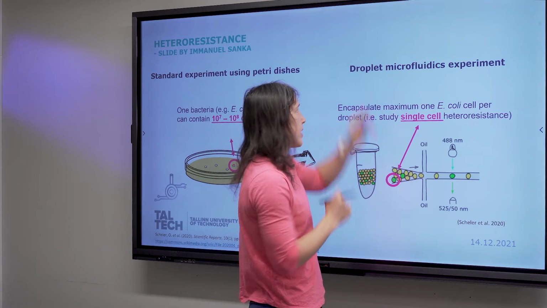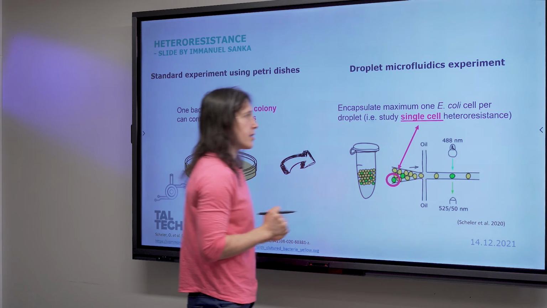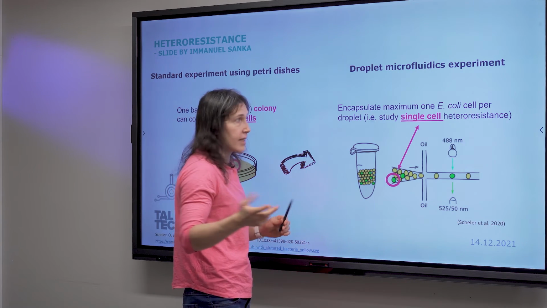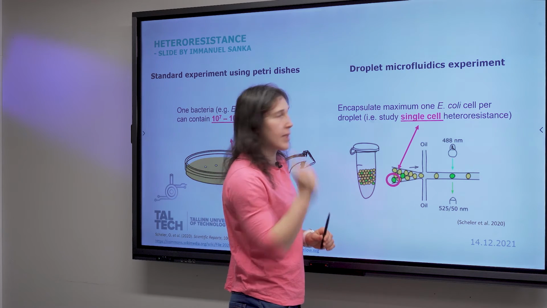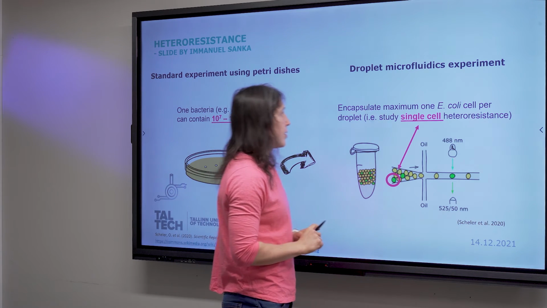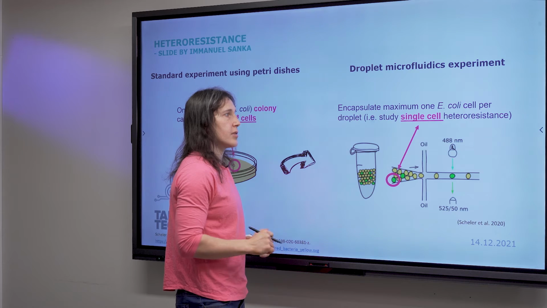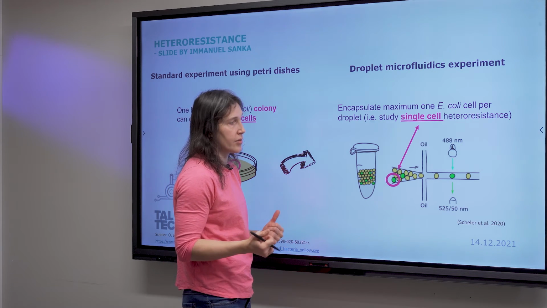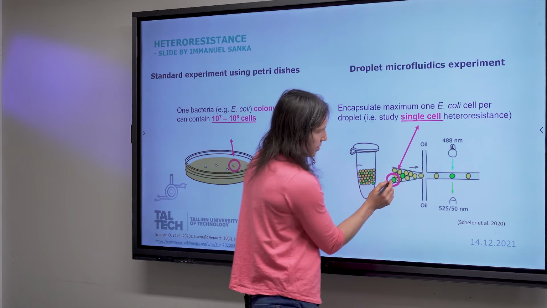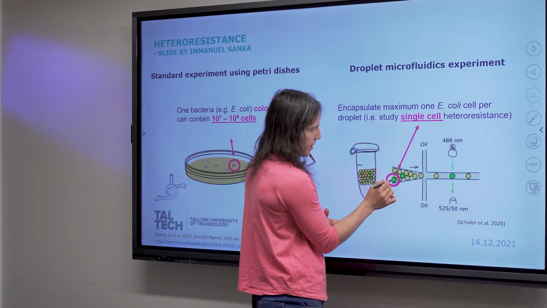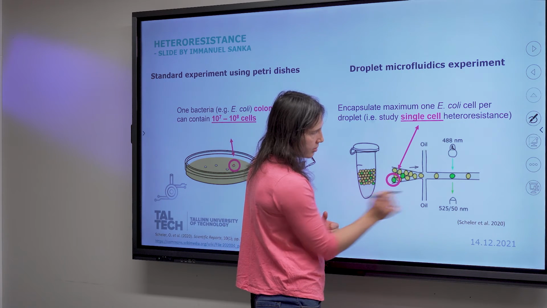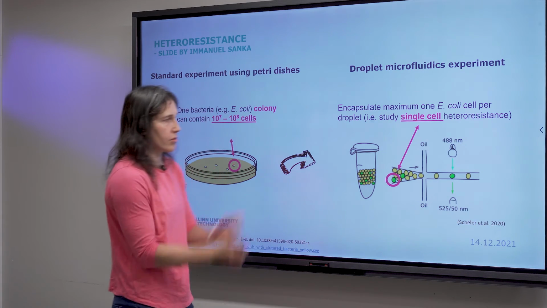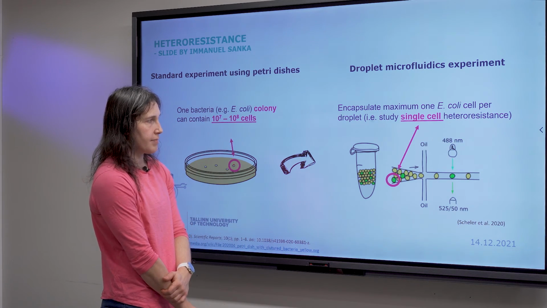That is also why droplet microfluidics is very good, because you can encapsulate a maximum of 1 cell per droplet. This means you can actually study single cell heteroresistance. In the droplets that actually have bacteria, there's one cell that grows from that, and you can see.